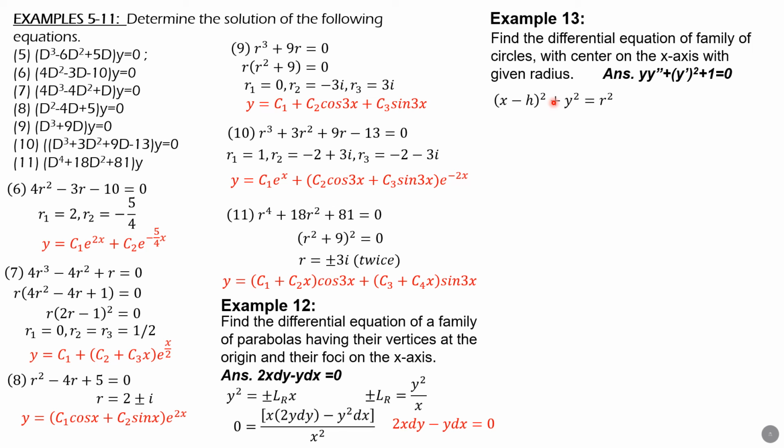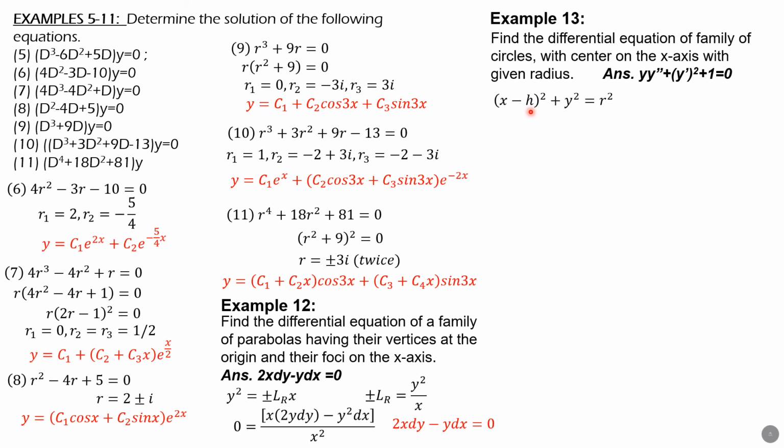So from here, if we obtain the derivative of the equation with respect to the first variable, which is x, we can eliminate r square.